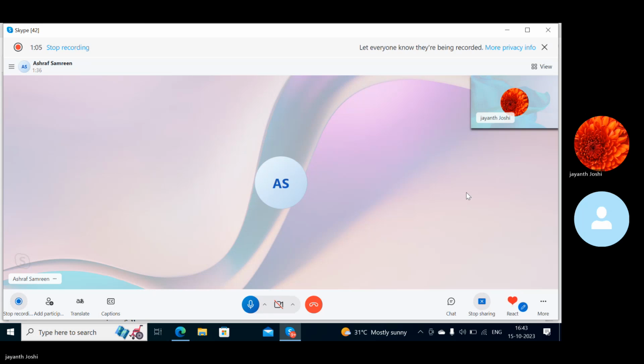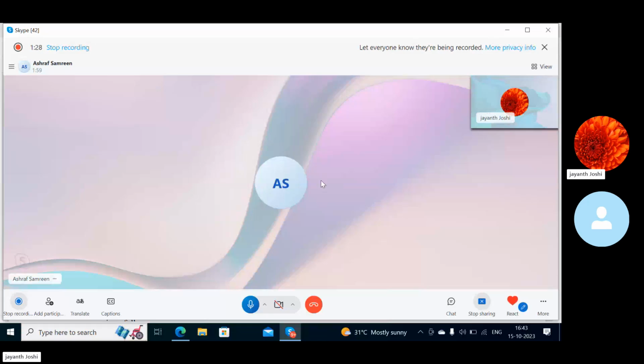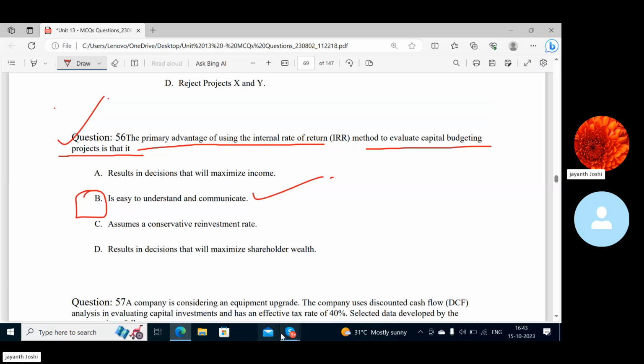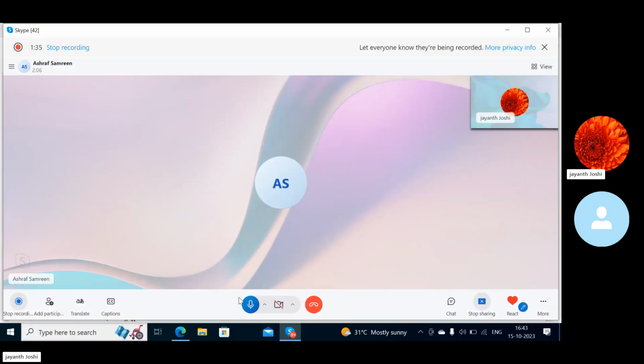I'm sending the screenshot to you. I don't know why the screen is not visible. You can see on WhatsApp, right? Yes, sir. I'm sharing once again. Can you see the screen now? Yes. You can see right now. Okay.